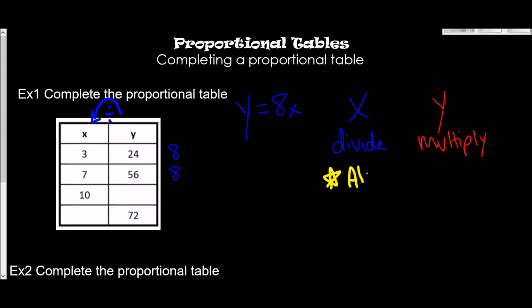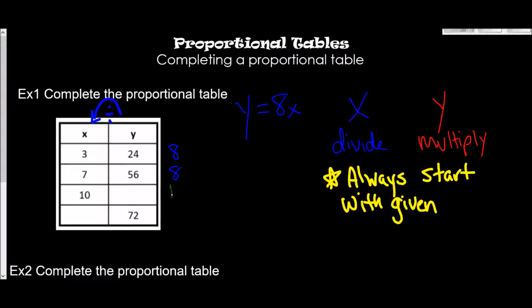And I always start with my original, that given information. So when I look at the missing y here, because I'm missing y, I need to multiply.